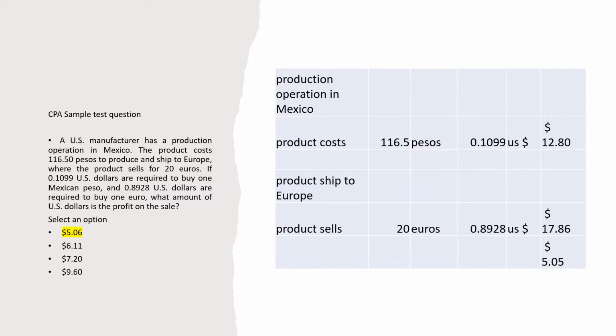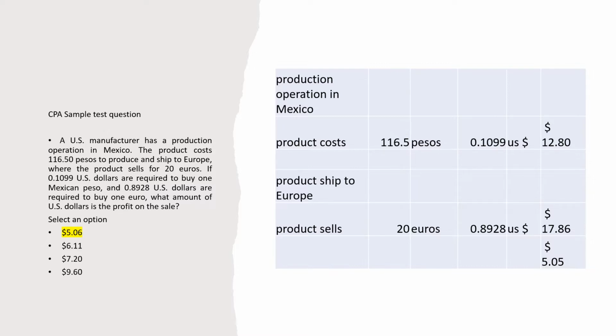If 0.1099 US dollars are required to buy one Mexican peso, and 0.8928 US dollars are required to buy one euro, what amount in US dollars is the profit on the sales?